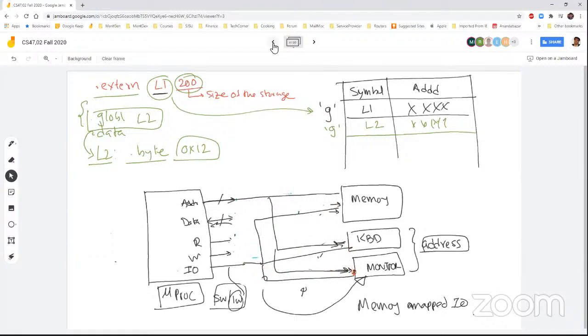That means the same address 100, for example, can be used for addressing the memory or can be used for addressing the keyboard, depending on this setting of the IO. And that's exactly IO mapped IO.